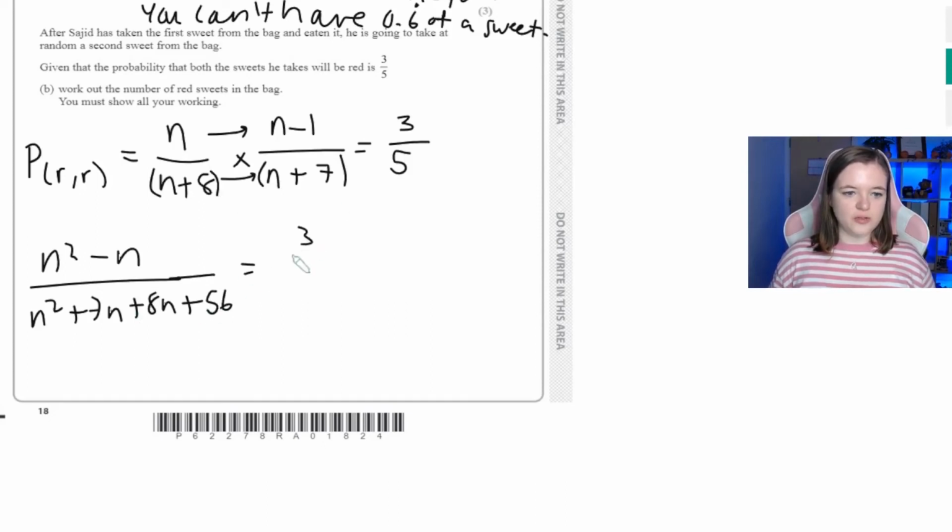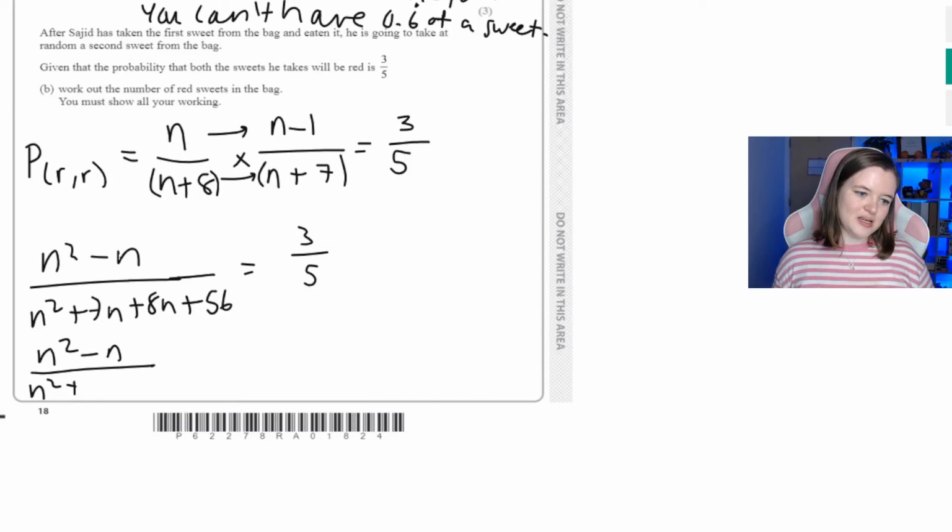And that is then equal to 3/5. And then let's simplify this bit down here. n squared minus n over n squared, and then 7 plus 8, that's 15, n plus 56, and that is equal to 3/5.